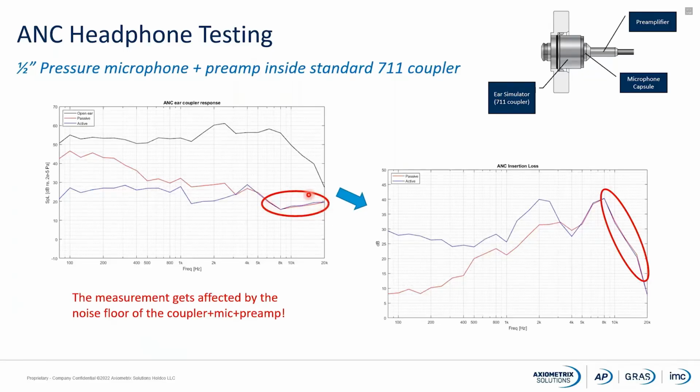This is actually a limitation of the noise floor of the system we are using. As we can see here, this is the noise floor of a typical combination of 1/2-inch microphone plus preamplifier inside a 711 coupler. That means that we can't really trust the results that we are measuring above 8 kilohertz.